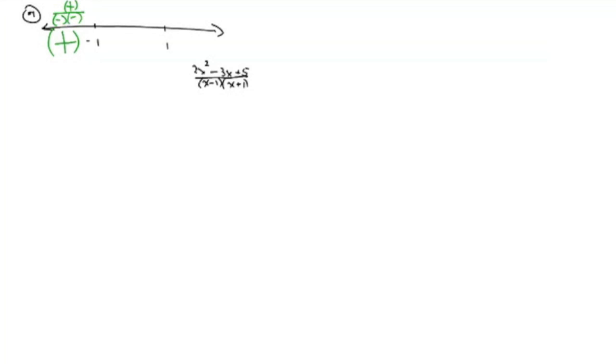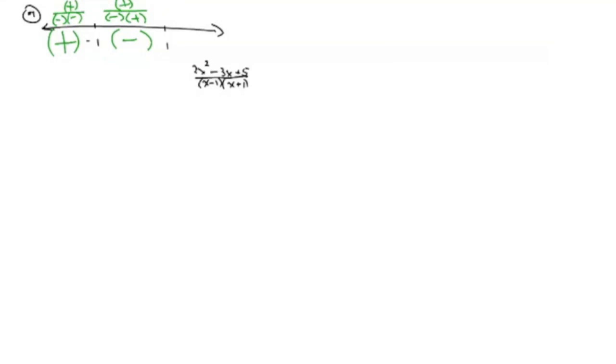All right, pick a number between -1 and 1. 0. If I plug in 0 to the top, it's positive. If I plug in 0 to the bottom, first one it's negative. The second one is positive. So positive, negative is negative. The graph is always below the x-axis between -1 and 1.